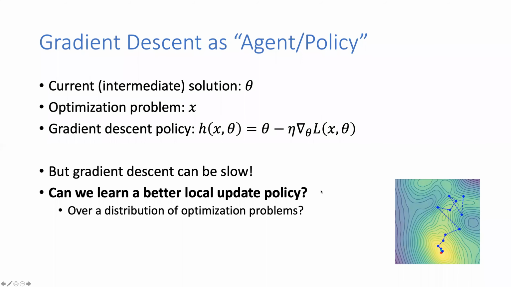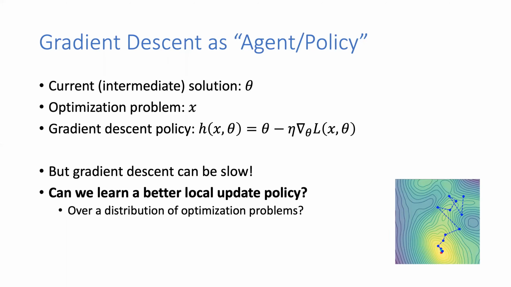So let's do continuous optimization first: gradient descent as an agent or a policy. We have a current or intermediate solution. I'll call it theta. That's the current state, if you will, the state of the agent. We have a description of an optimization problem. I'll call that X. And gradient descent is basically a handcrafted policy.